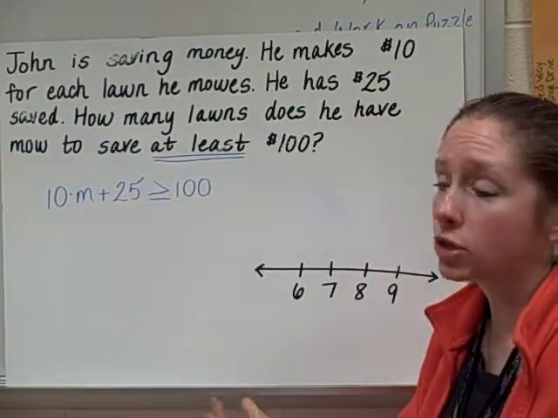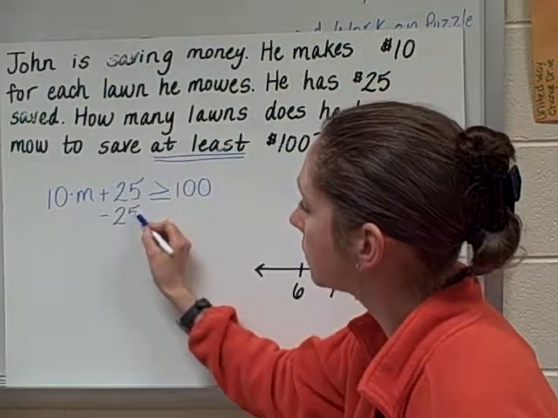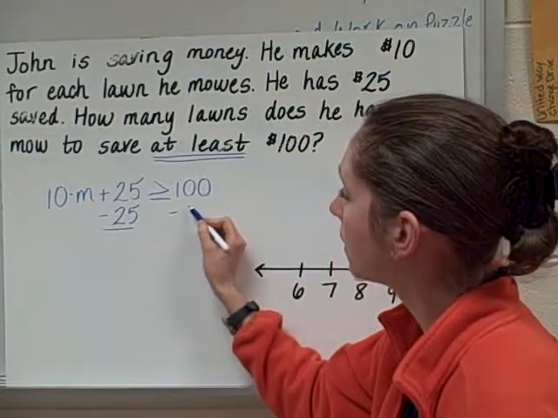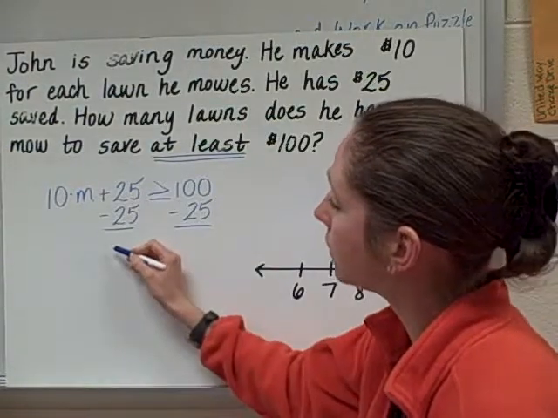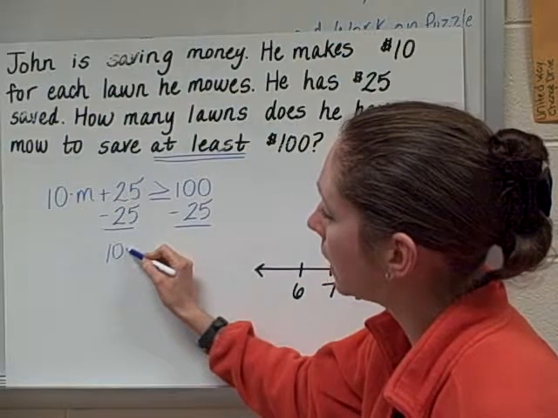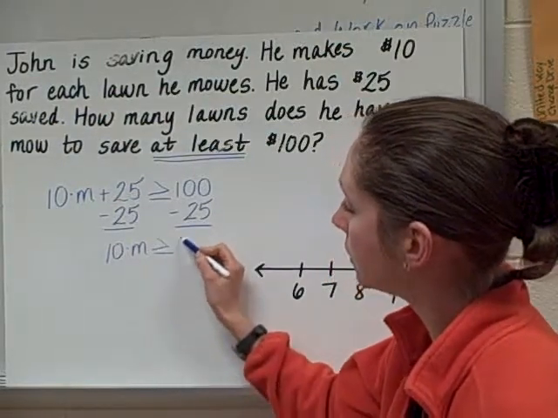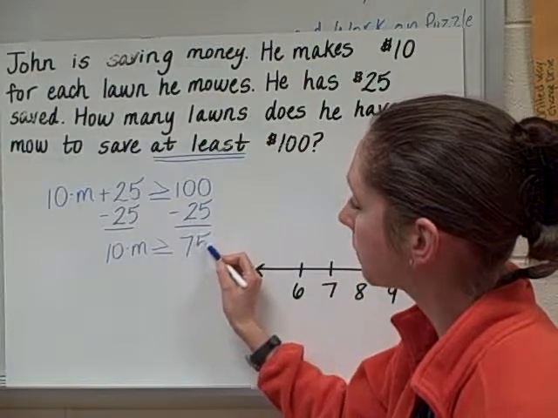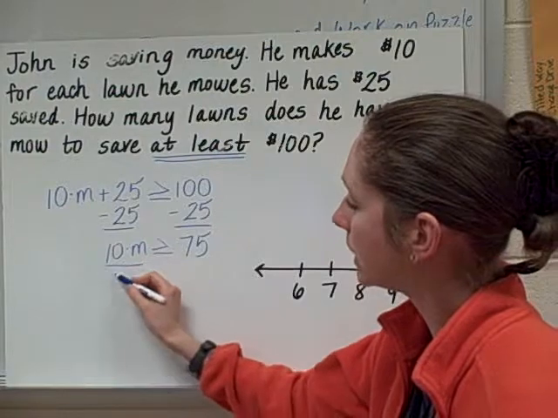Okay, inverse operations to solve. Let's subtract 25 on both sides. Okay, now I'm left with 10m, 10 times m, is greater than or equal to 75. Opposite of timesing by 10 is dividing by 10.